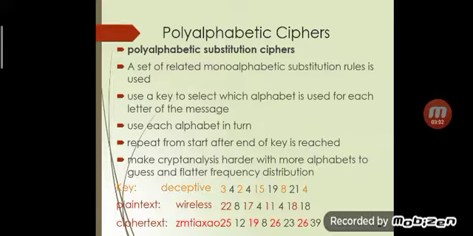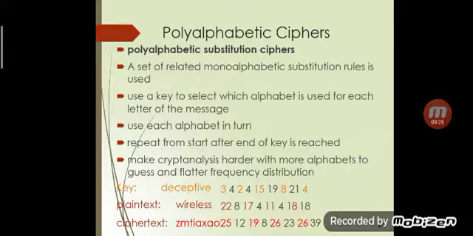First, we have to consider the key "deceptive". According to each letter, we consider the respective number. For D, we go through the table and assign the number 3.